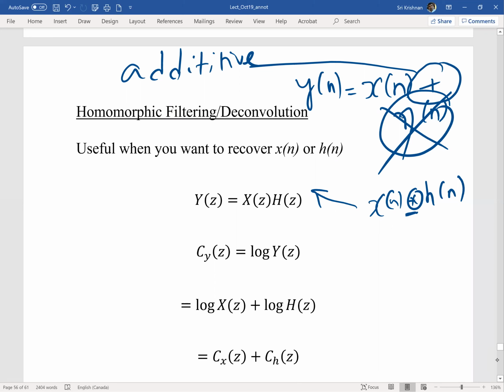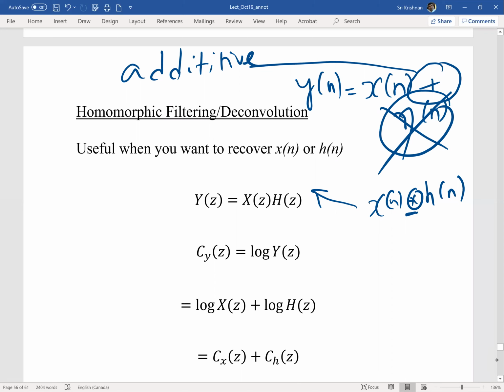Now, yes, from convolution I have gone to multiplication. Forget about signal processing here, just for the time being, and think about simple mathematics. How would one go from a multiplication operation to an addition operation? The way to go from multiplication to addition is by using a simple log.